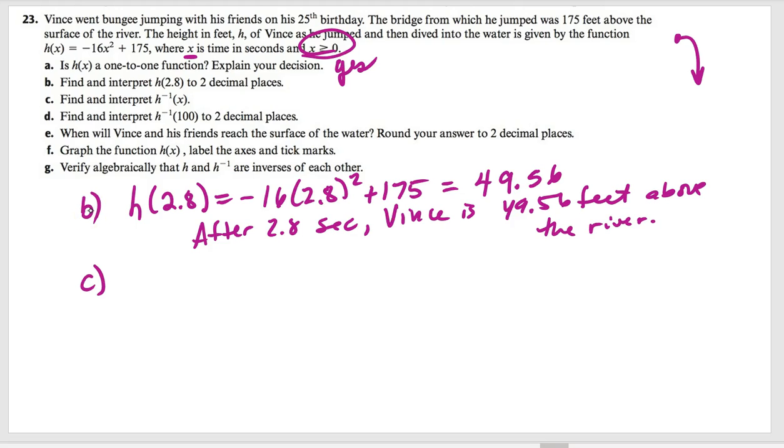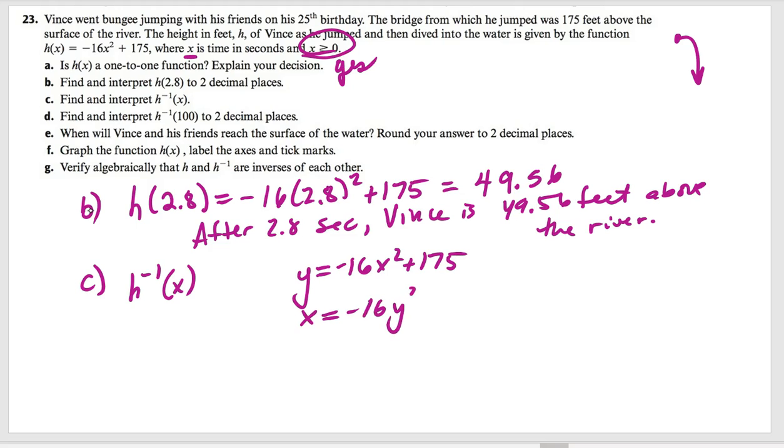Part C asks us to find and interpret the inverse of h. So to find the inverse of h, what we do is we take our function and we replace h of x with y, and then we swap our x and our y, and we solve for y.